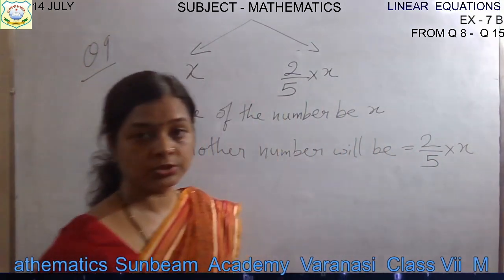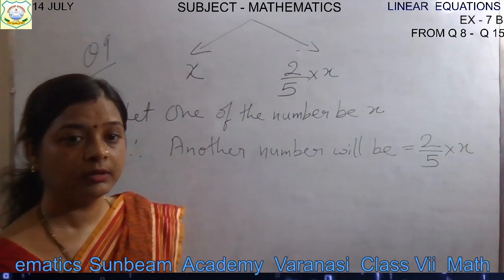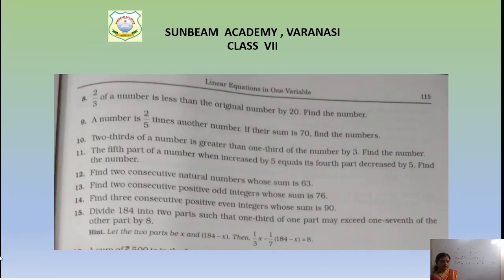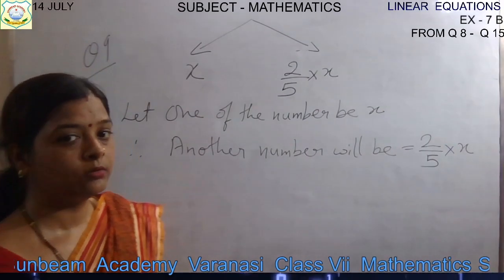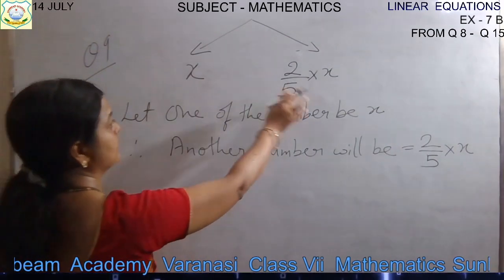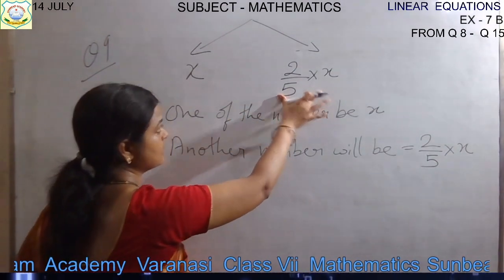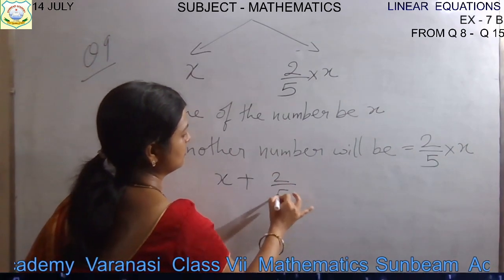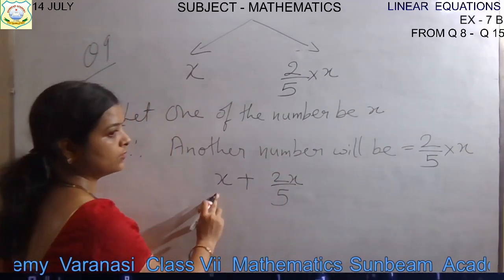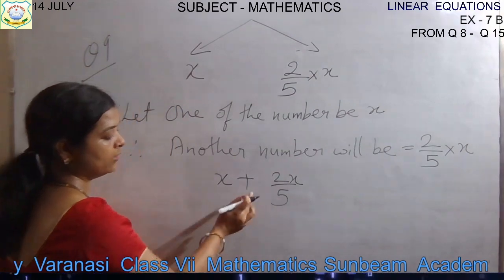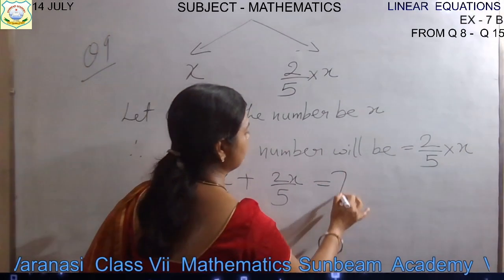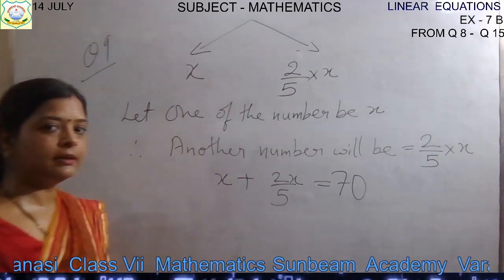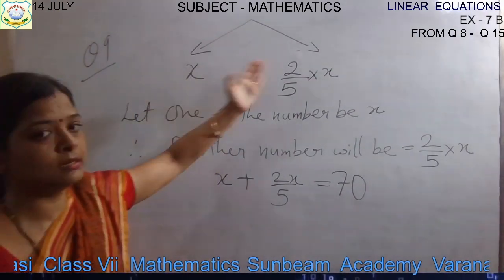Check your question whether it is 2 by 3 or 2 by 5. It is 2 by 5, children. And when you add them, if their sum is 70, one number is this, another number is this, so let's write down: if their sum, one number plus second number, is 70, find the numbers. You have to find both numbers now.